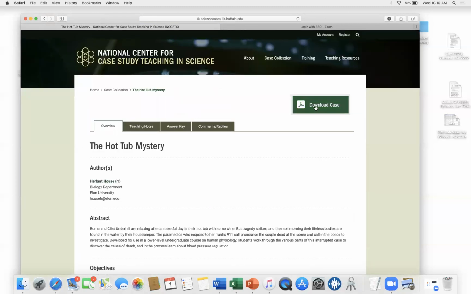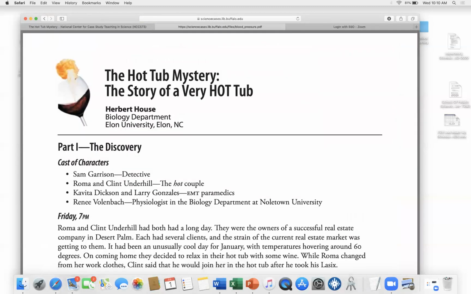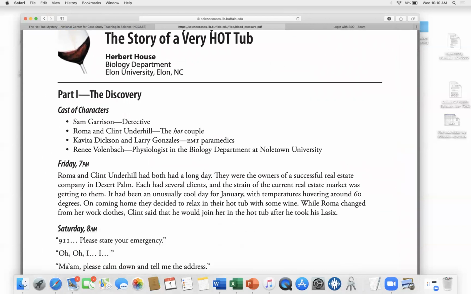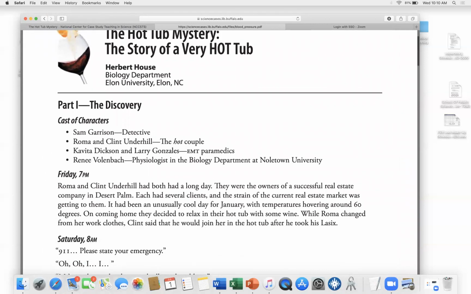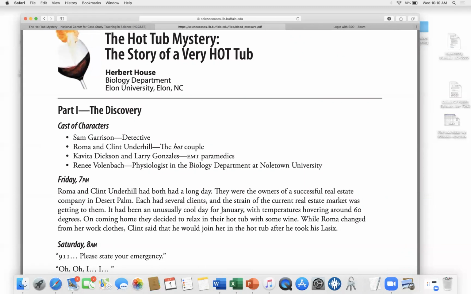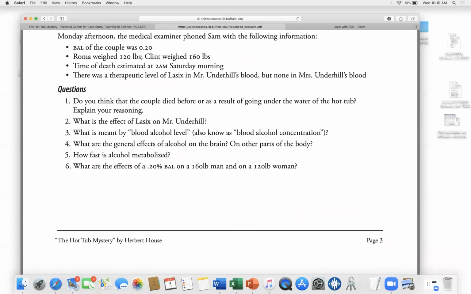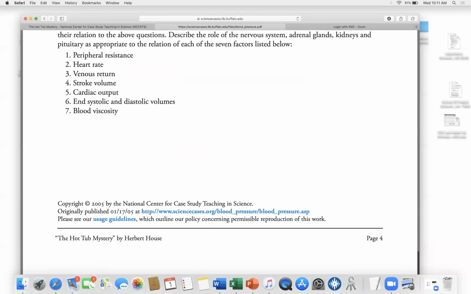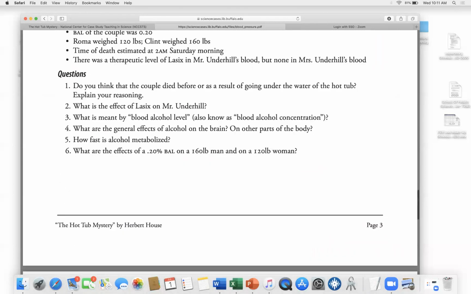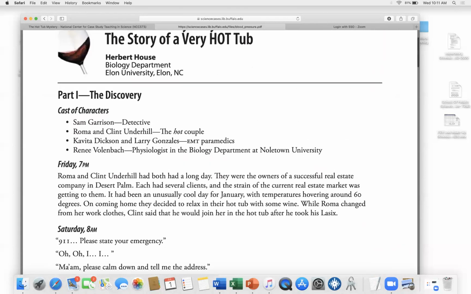So the assignment, of course: download the case, the story of the very hot tub. And again, I'm not a fan of these, but it's part and parcel of the course. Read part 1 and answer the questions, then part 2, questions, and part 3, questions.